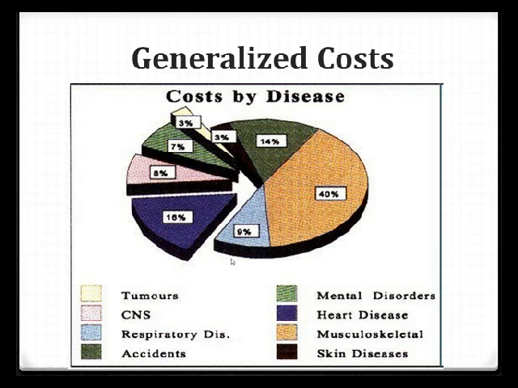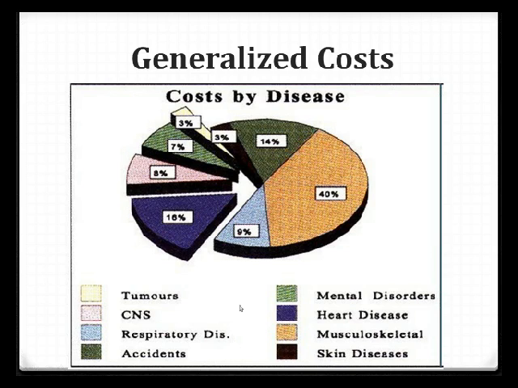When we look at all of the other pieces, though, we've got 60% that we're dealing with, where we're dealing with some heart, we're dealing with mental disorders, which fall under our occupational diseases, we're dealing with respiratory disorders, we're dealing with the central nervous system, we're dealing with some cancer, tumors, which are on the rise as opposed to on the decline.